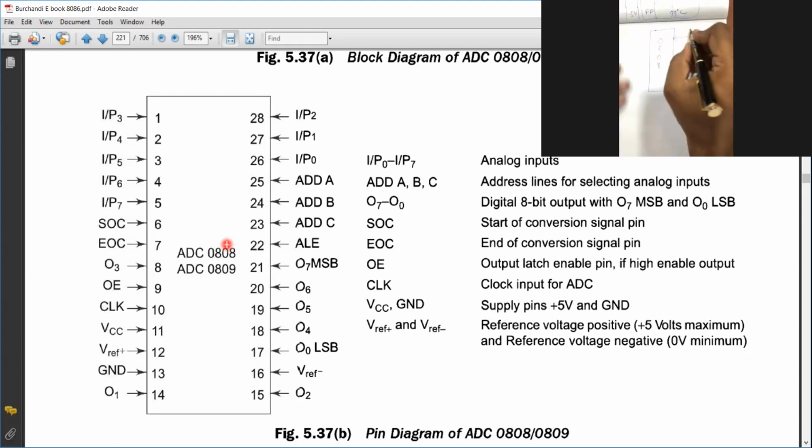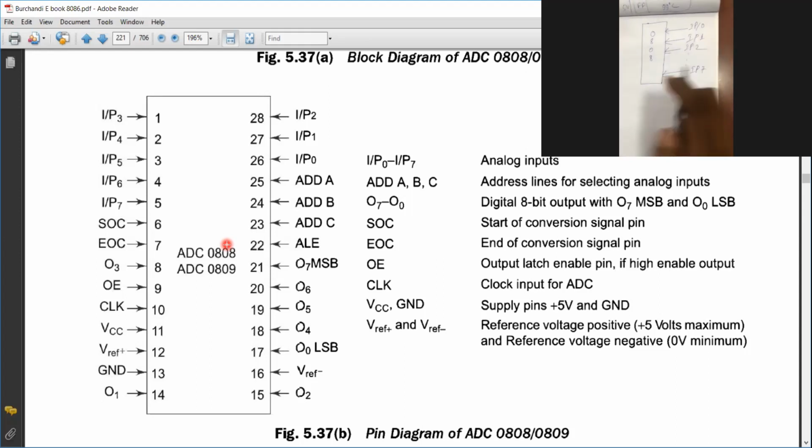This is the analog input channel: IP0, IP1, IP2, similarly up to IP7.